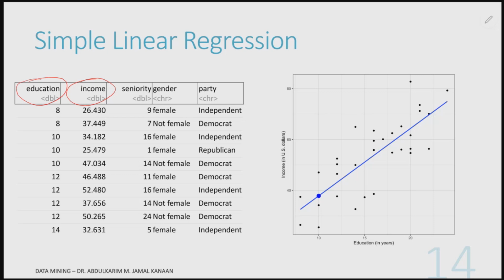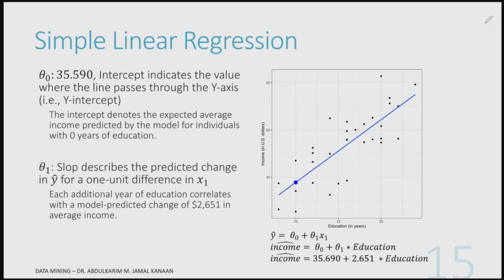If we take more than one input, such as education and seniority, for example, then it becomes multiple regression. After we fitted the line, after we ran regression, we came up with these values for theta. Theta 0 is 35.69 and theta 1 is 2.65. This is our equation that we found. So how to interpret? If I ask you to interpret your results.